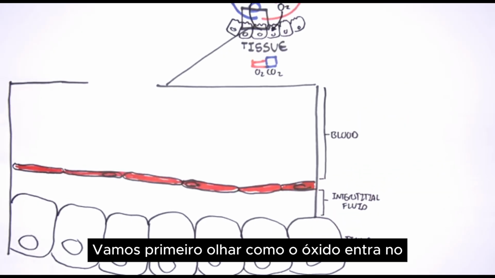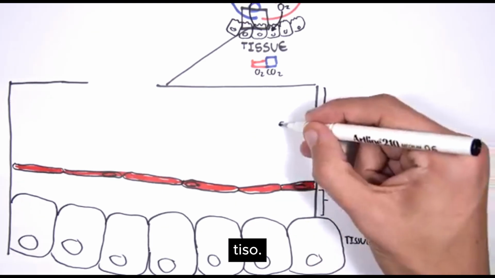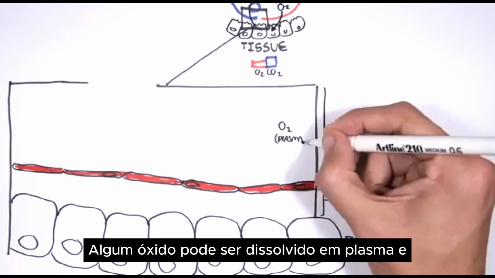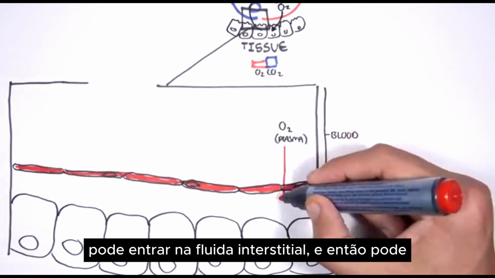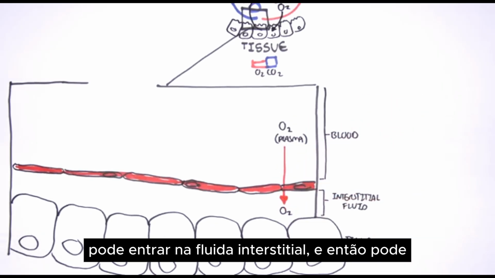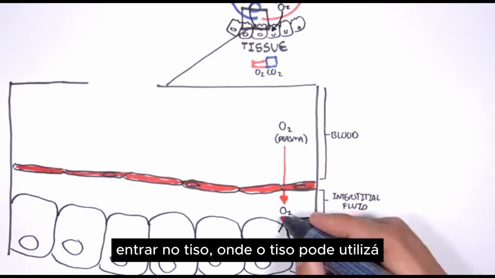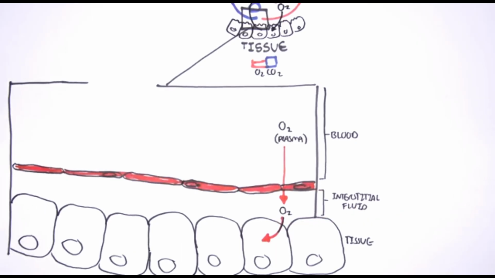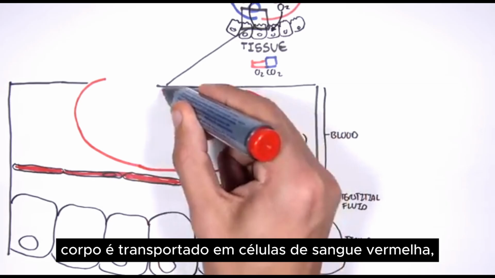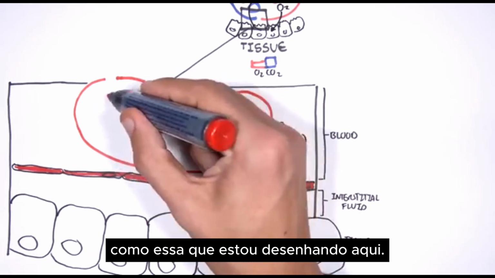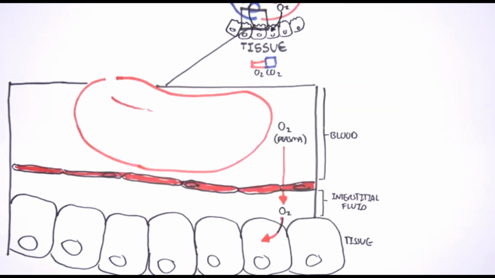Let us firstly look at how oxygen enters the tissue. Some oxygen can be dissolved in plasma and can enter the interstitial fluid and then can enter the tissue, where the tissue can utilize it as energy. However, most oxygen in our body is transported in red blood cells, such as this one I am drawing here.